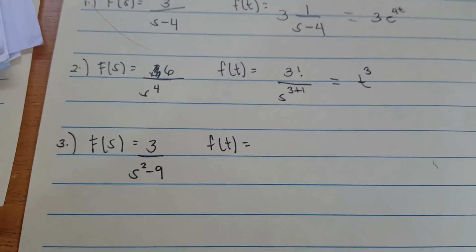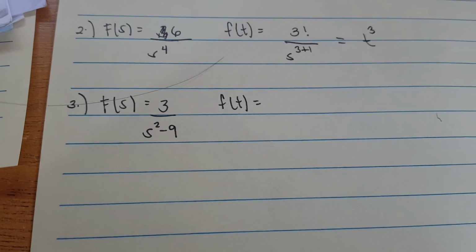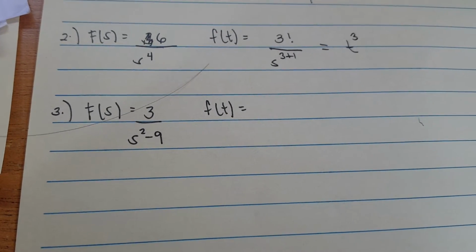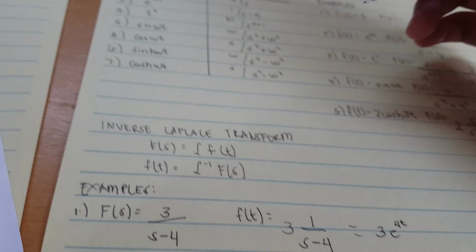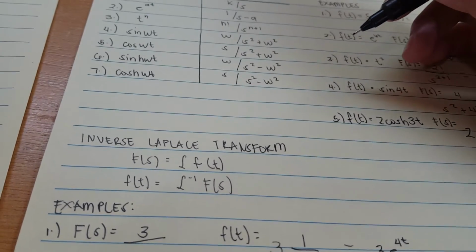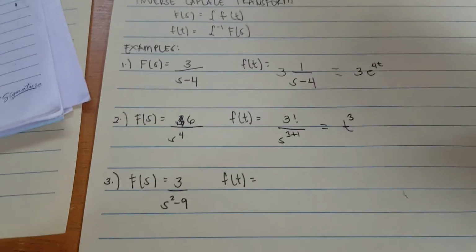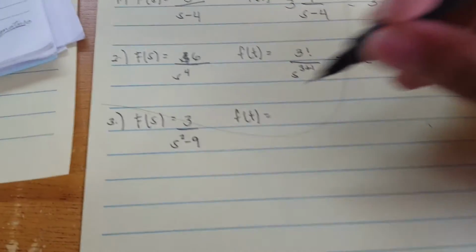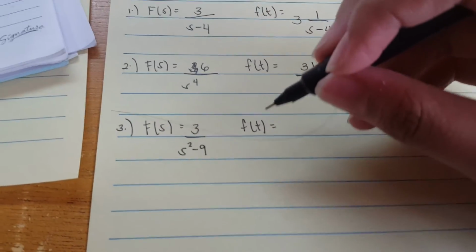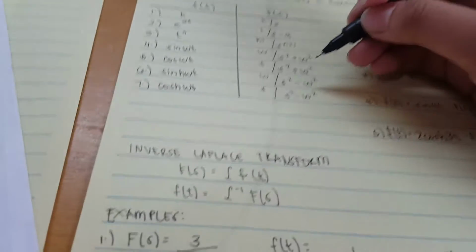Next, F of s is equal to 3 over s squared minus 9. We can solve this with the use of number 6 in our chart. So 3 is the constant.